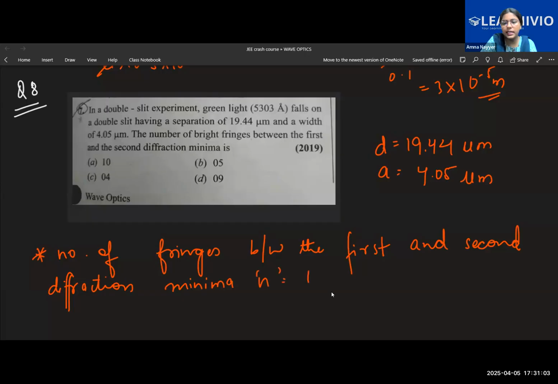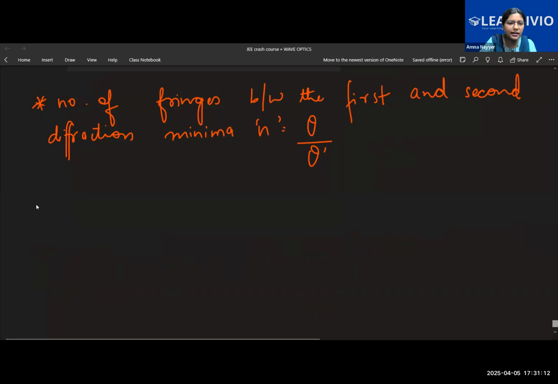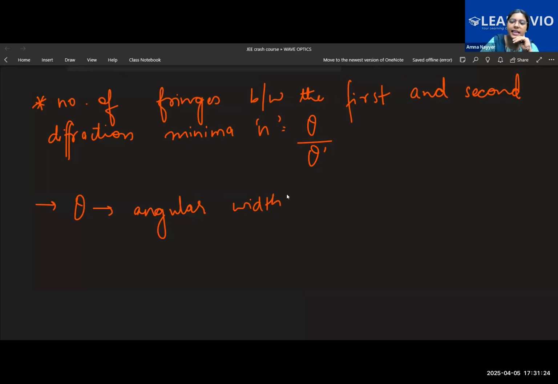N is equal to theta by theta dash. Means first and second. So what is theta? Theta is the angular width, the way you have done it in the interference part, between the first and second diffraction minima.